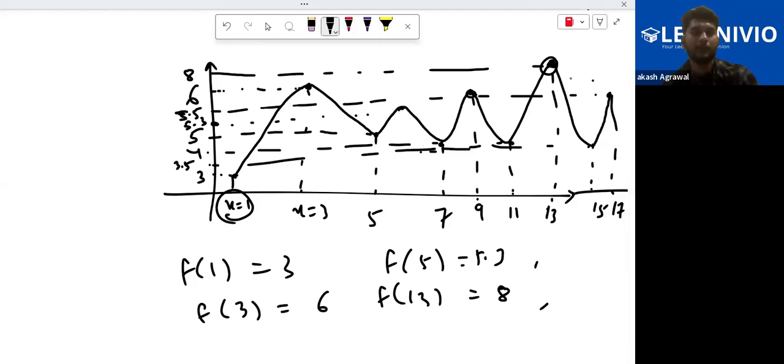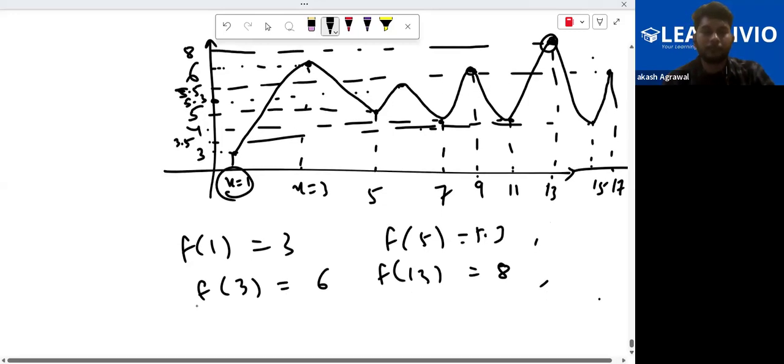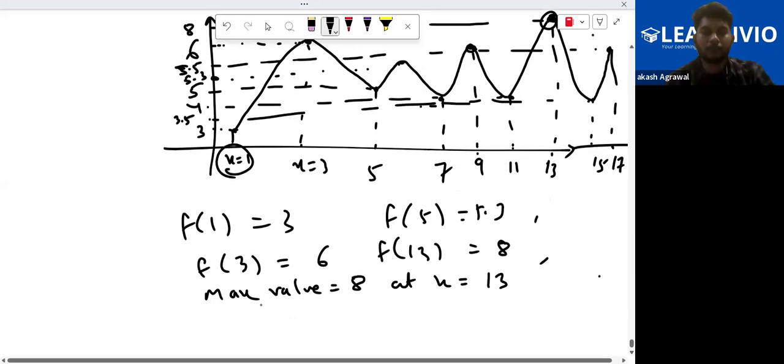What is the minimum value of this function? Okay, very good, Rishita. Zara, what is the minimum value of this function? 3.